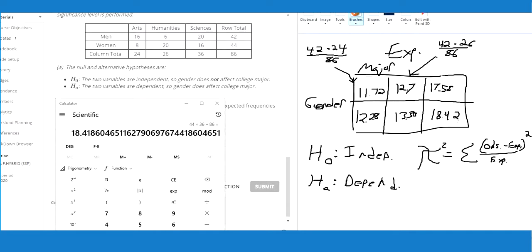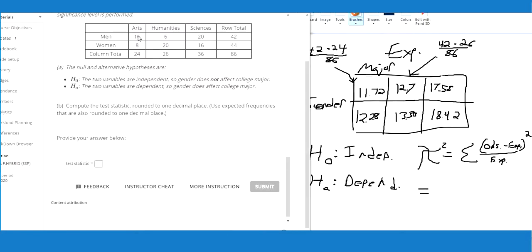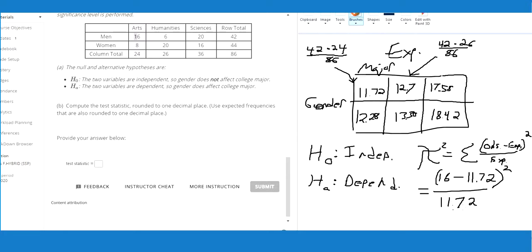Now we can finally calculate the chi-square test statistic. It's going to be found by taking each observed value. So men in the arts, the observed value was 16. Subtract the expected value that we just found for men in the arts, 11.72. Square the difference, then divide by 11.72. That's the first one.